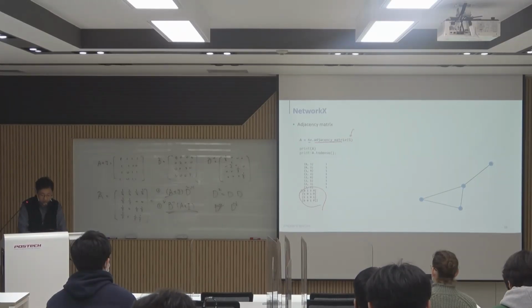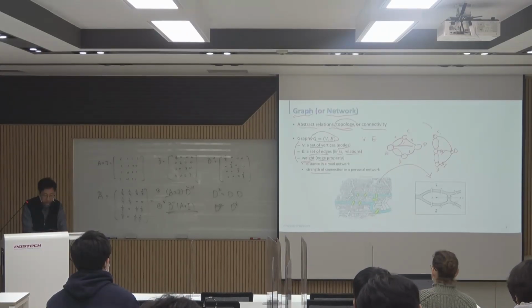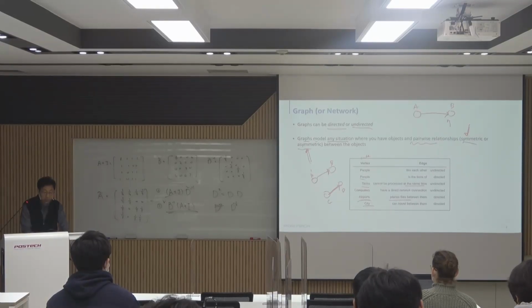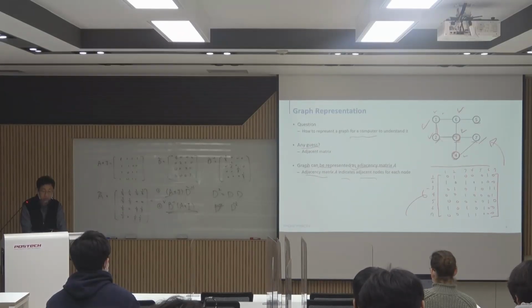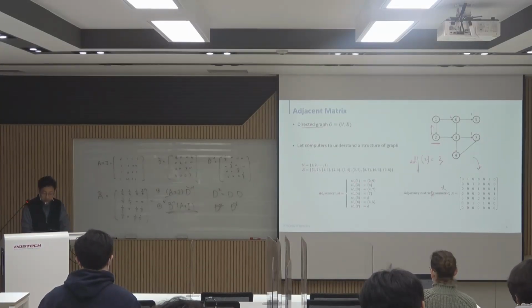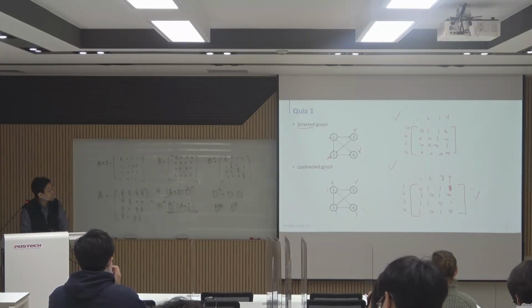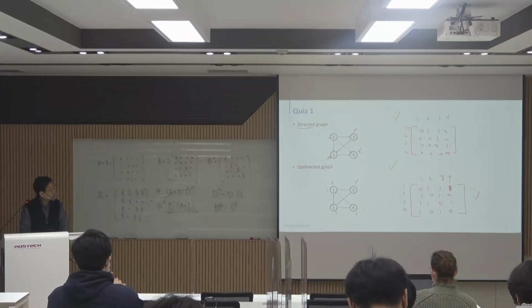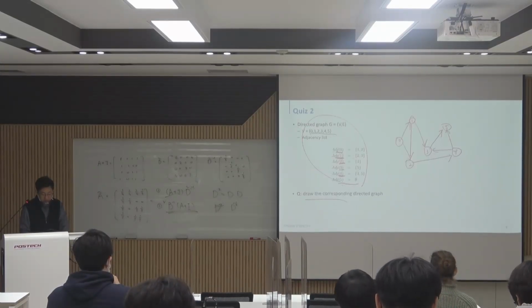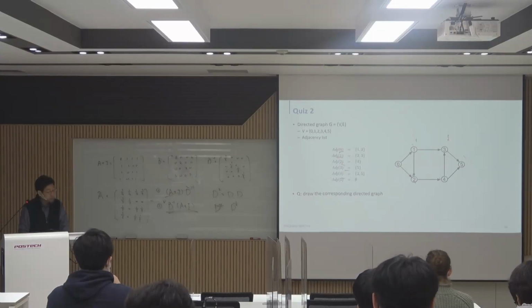Right? So basically what I did is that I introduced the concept of a graph, the definitions and key components, and that the graph might be directed or undirected, and how to represent it and let the computer understand it. The adjacent matrix is one way to do that, and from the graph we are supposed to be able to get the adjacent matrix, and from the adjacent matrix, how to draw the corresponding graph.